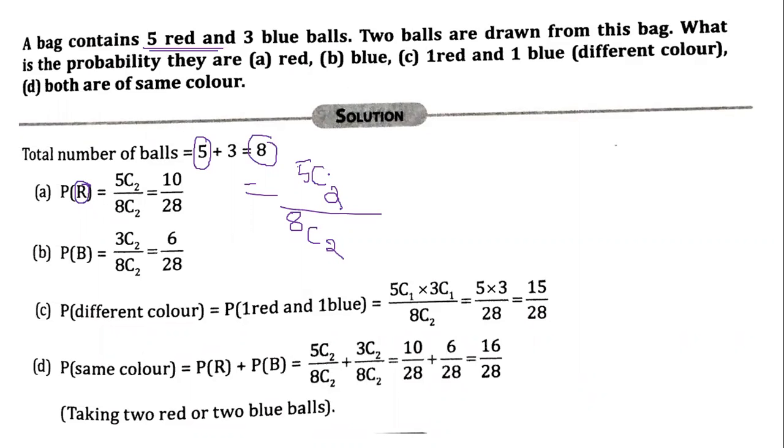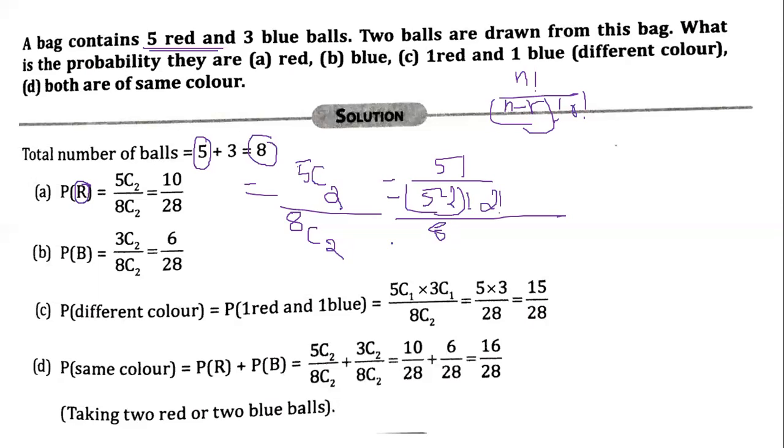Fine. Now solve this 5C2. The formula for combination is n factorial divided by n minus r factorial into r factorial. So 5C2 is 5 factorial divided by 5 minus 2 factorial into 2 factorial, and 8C2 is 8 factorial divided by 8 minus 2 factorial into 2 factorial.